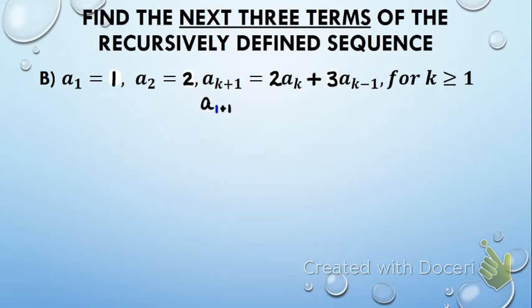No. Why not? Because that's going to find a2. Why is that an issue? You already got it. We already have it. So what should I put in for k then? I should put in 2, because I want to use this to find the third term. So anywhere I see a k, I'm going to put a 2 in.